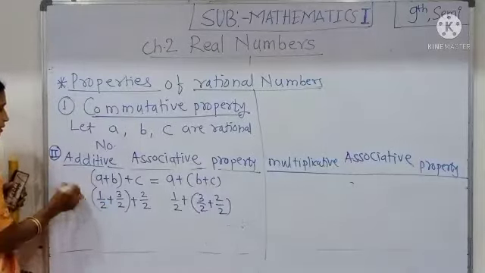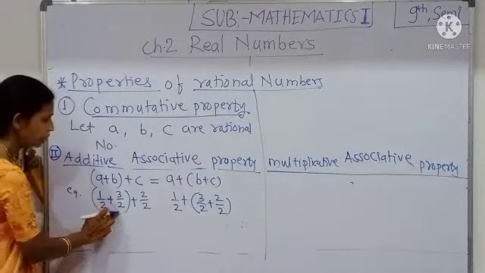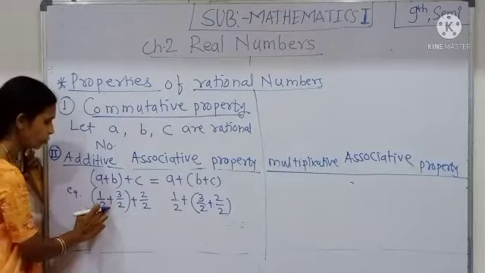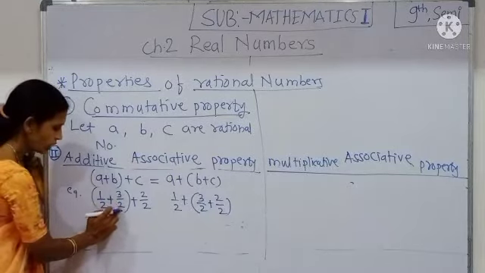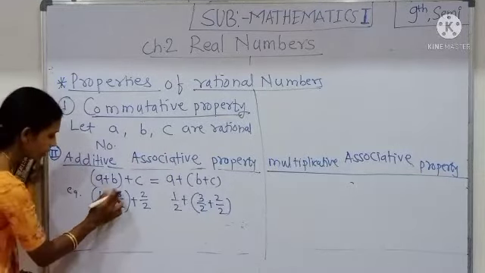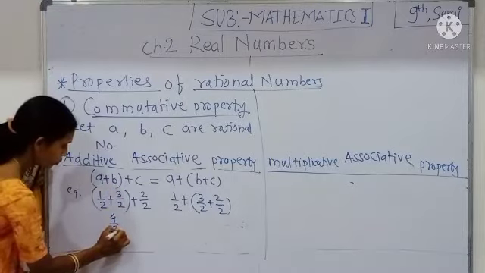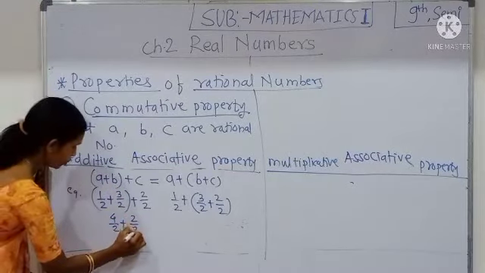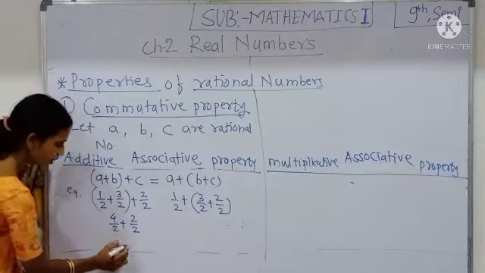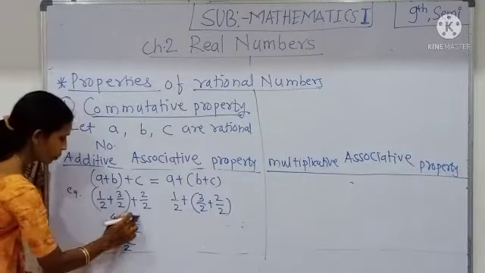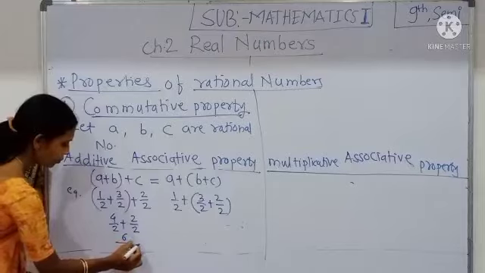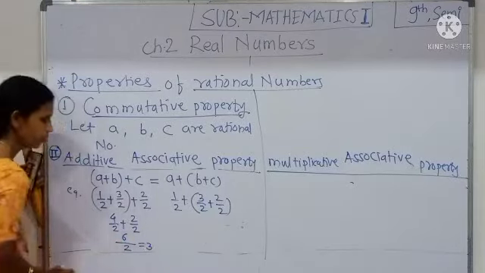Then see here, first we have to solve the bracket. 1 upon 2 plus 3 upon 2, denominators are same, therefore here 3 plus 1, 4 upon 2 plus 2 upon 2. Here also denominators are same, therefore 4 plus 2, that is 6 upon 2, that is 3.